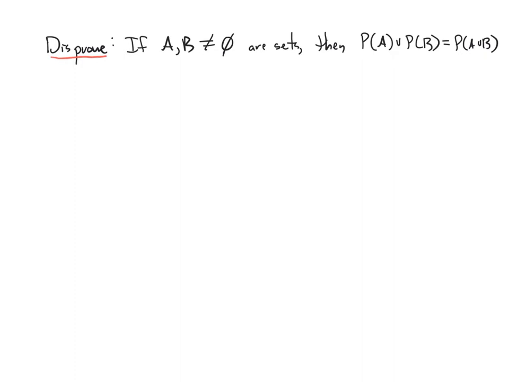We need something where the if part is true and the then part is false, since we have a conditional statement here. So we want to find two non-empty sets where, if we take the power set of A and the power set of B, take the union, it doesn't equal the power set of the union.